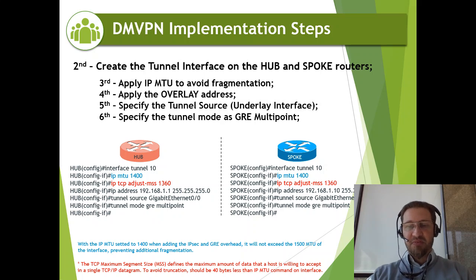And the TCP maximum segment size should be 40 bytes less than the IP MTU to avoid truncation. The tunnel source interface should be the underlay interface, and the tunnel destination command is not used. In its place, we use the tunnel mode GRE multipoint.